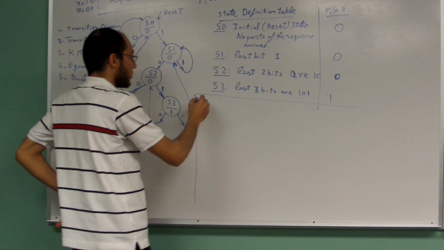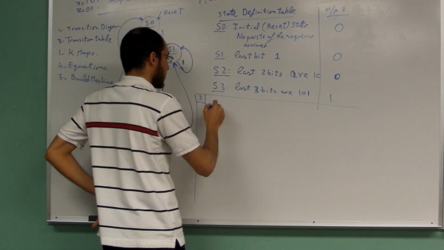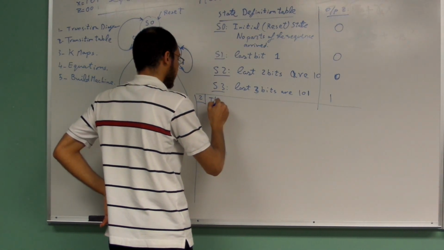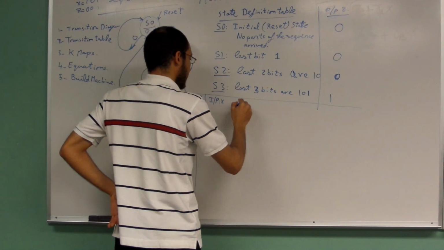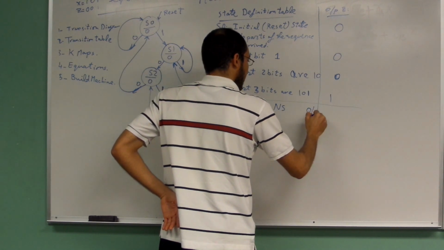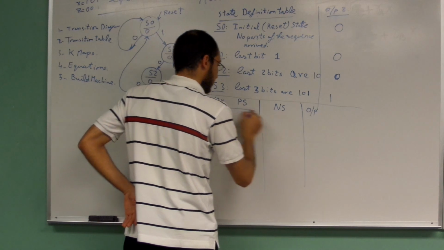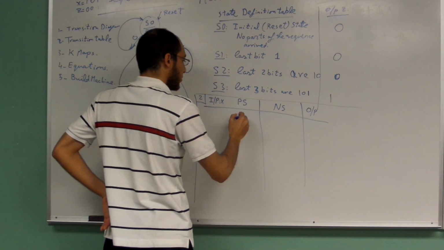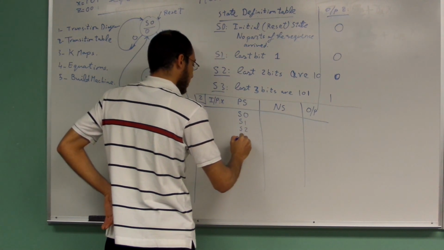Okay? So let's do the state transition table, which is step number 2. State transition table consists of the input, x, and then present state, next state, and then the output. Okay? So here in the present state, what do I write down? I write down S0, S1, S2, S3.